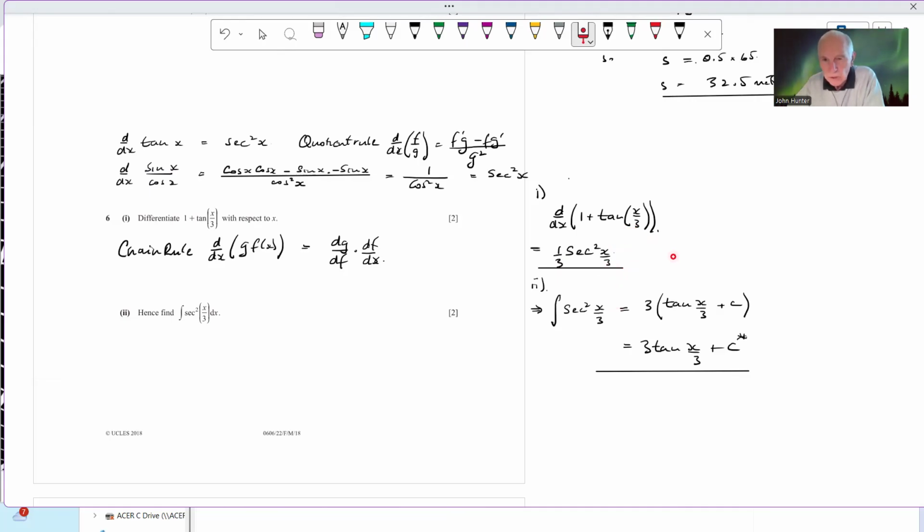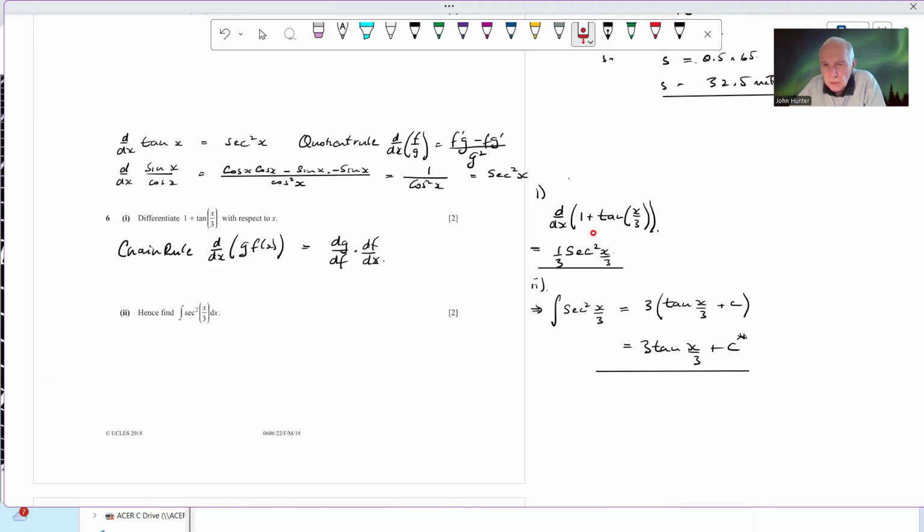Just a couple of points to note. Well, this is 1/3 of what we need, isn't it? So we need to multiply this by 3. And you'll notice when you differentiate that, the 1/3 that's in the function here is going to multiply that and so cancel out.